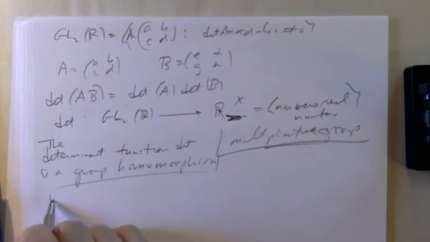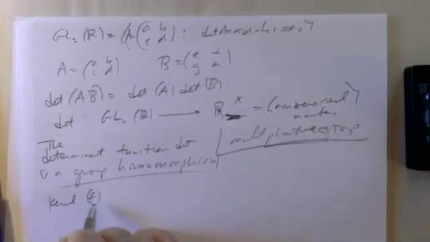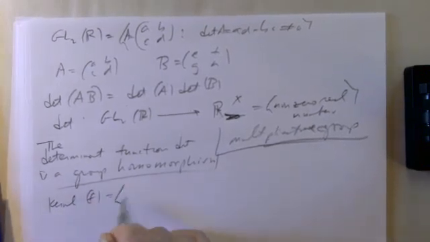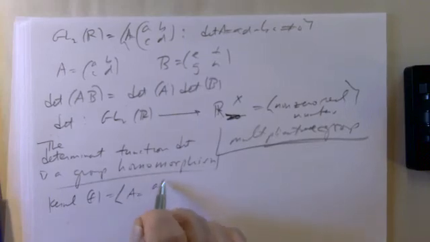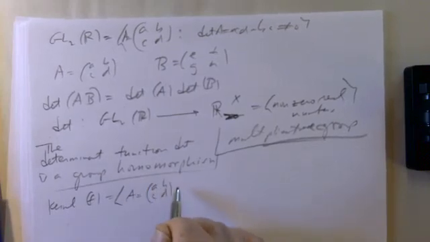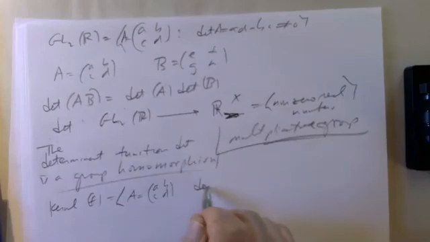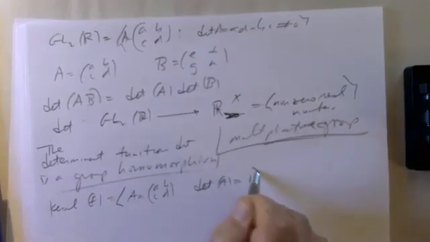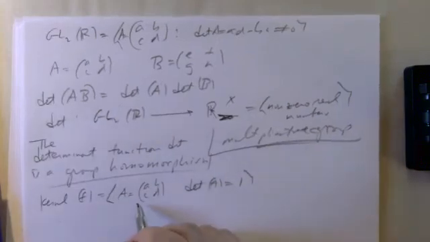What is the kernel of F? This is all matrices A equal (A, B, C, D), which get mapped to the identity. Determinant of A equals the identity. So this is just all matrices with determinant 1.